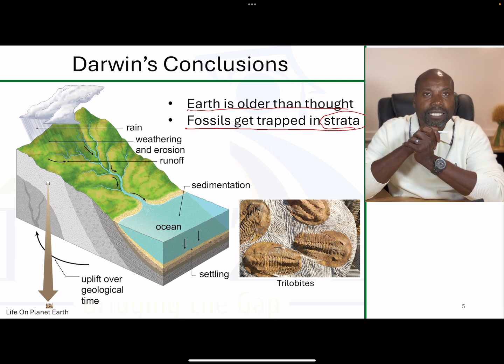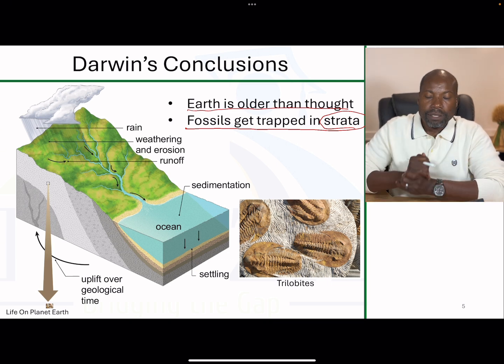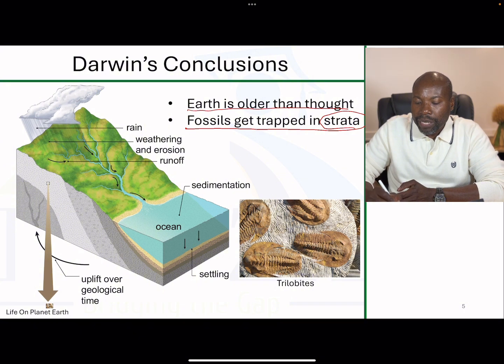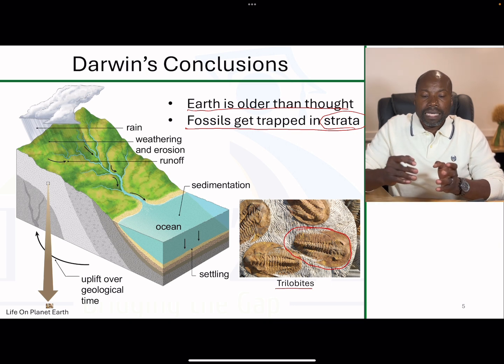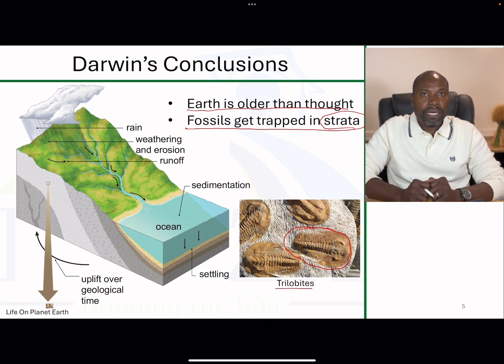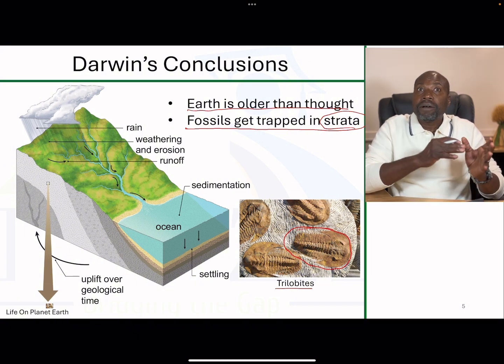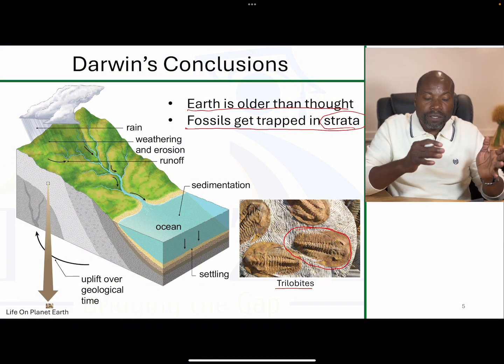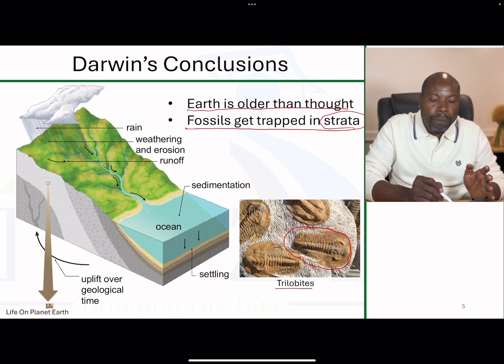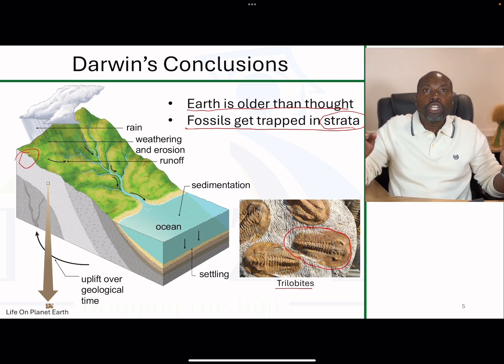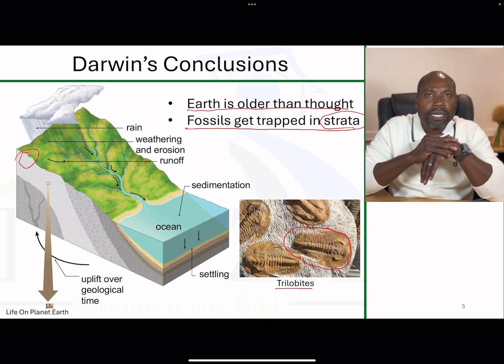And what is interesting is that some fossils, here we have the trilobites, right? These trilobites lived technically in a marine environment. But interestingly, these trilobites are found in fossils that are located on top of mountains where there is no marine environment.